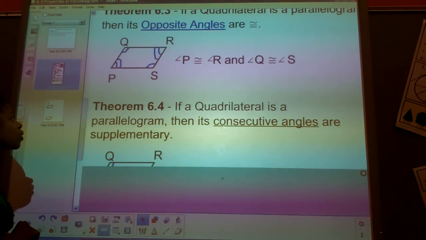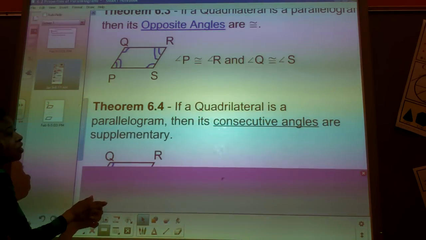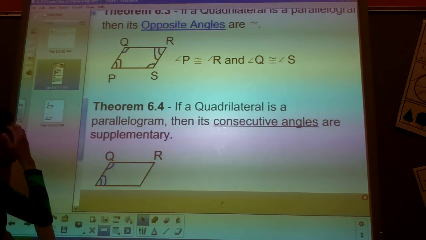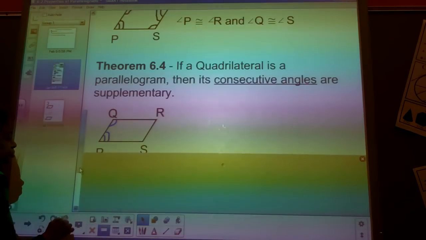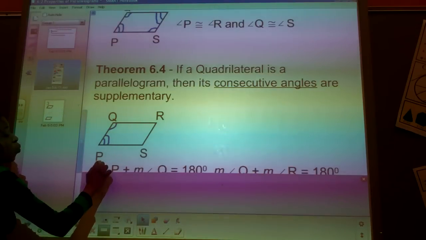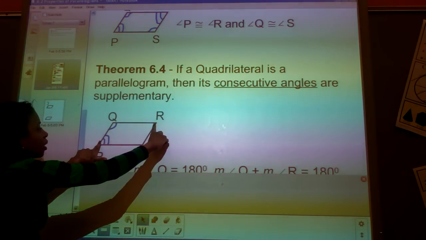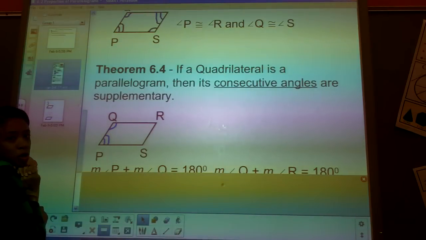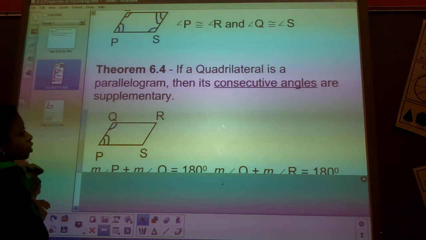If a quadrilateral is a parallelogram, then its consecutive angles are supplementary. That means what? On my quadrilateral PQRS, first of all, we need to recall opposite angles are congruent. So P and R are congruent, and then Q and S are congruent.